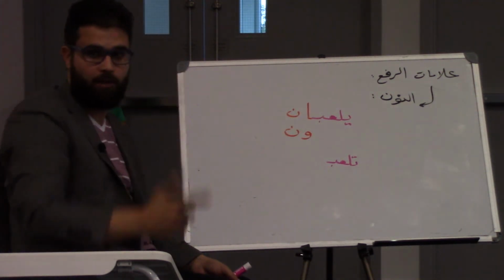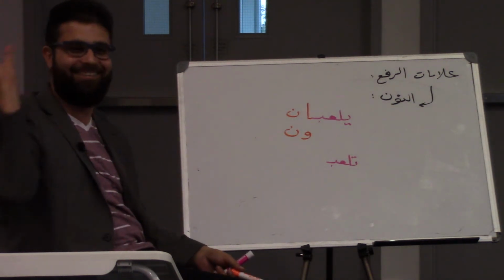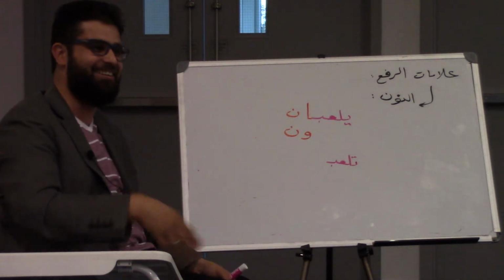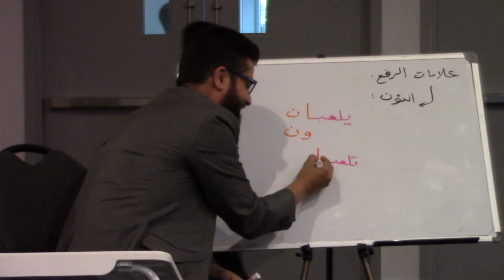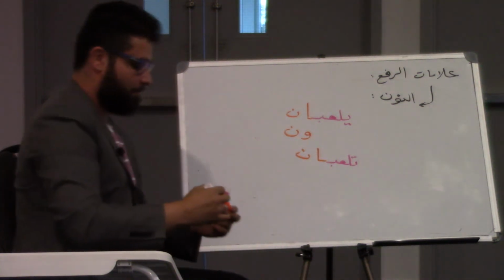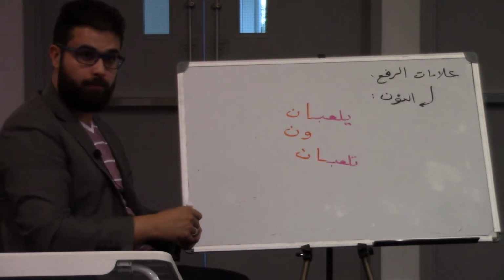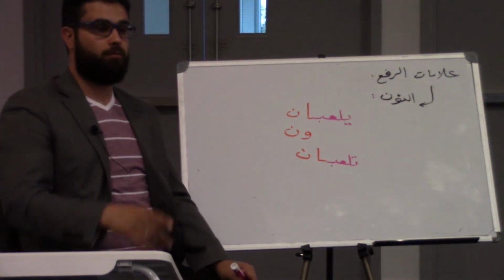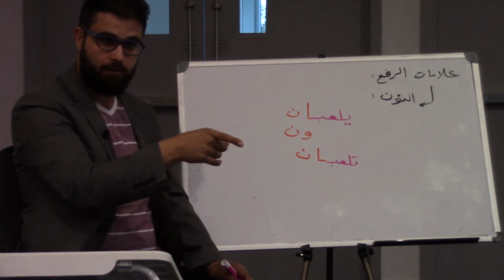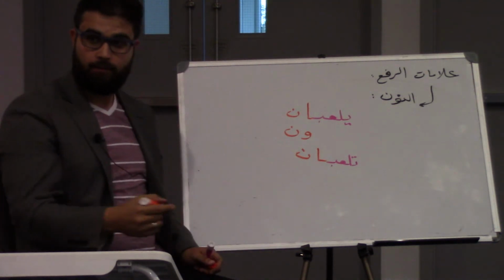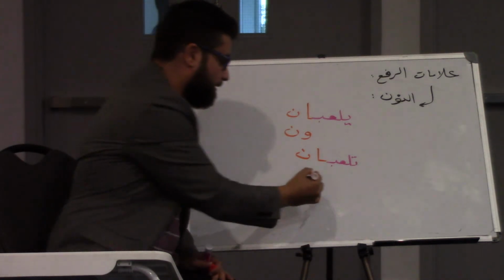I'm not talking about them. The ya is the ya of the third party, when you're talking about a third party. So tal'aban, right? If I'm talking to a lady, I'm talking anti, I'll say tal'abin.